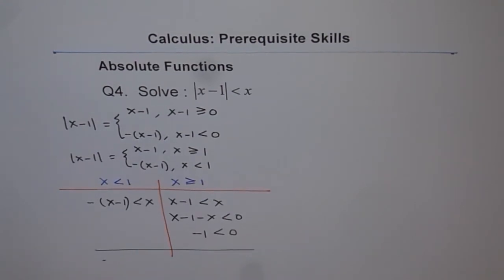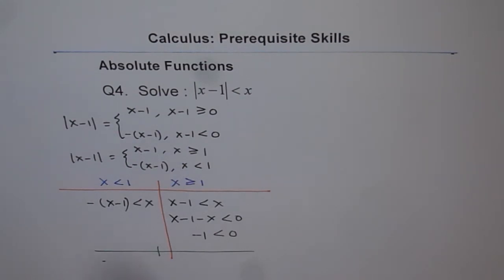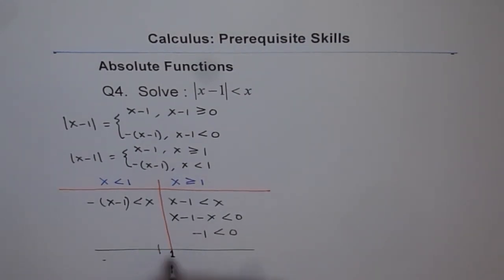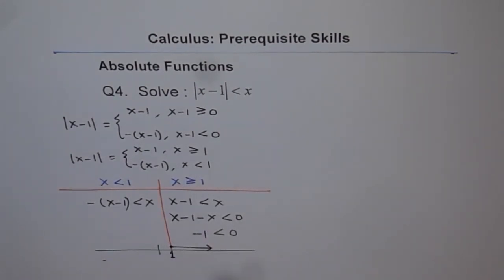Let's say this is 0, and let me write down 1 here. From here onwards, this is always true, since 0 is greater than -1. So it is always true if x is greater than or equal to 1.